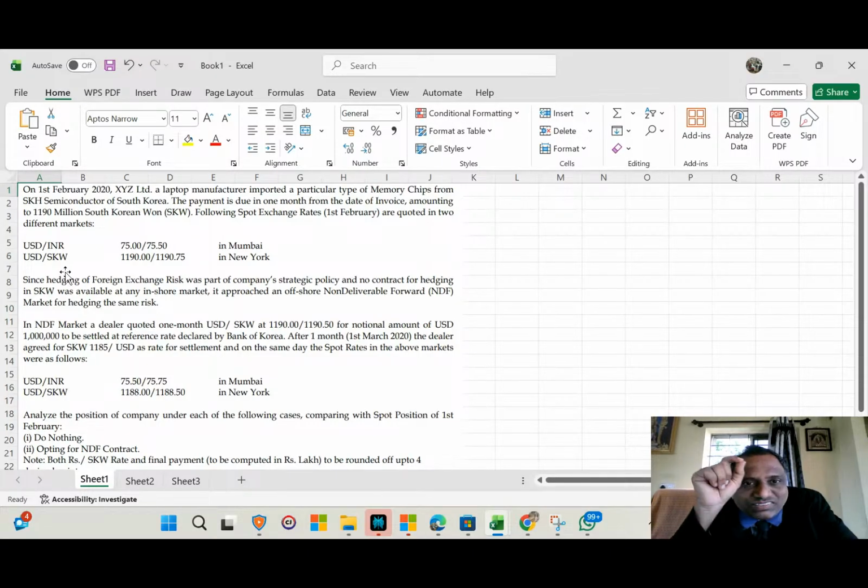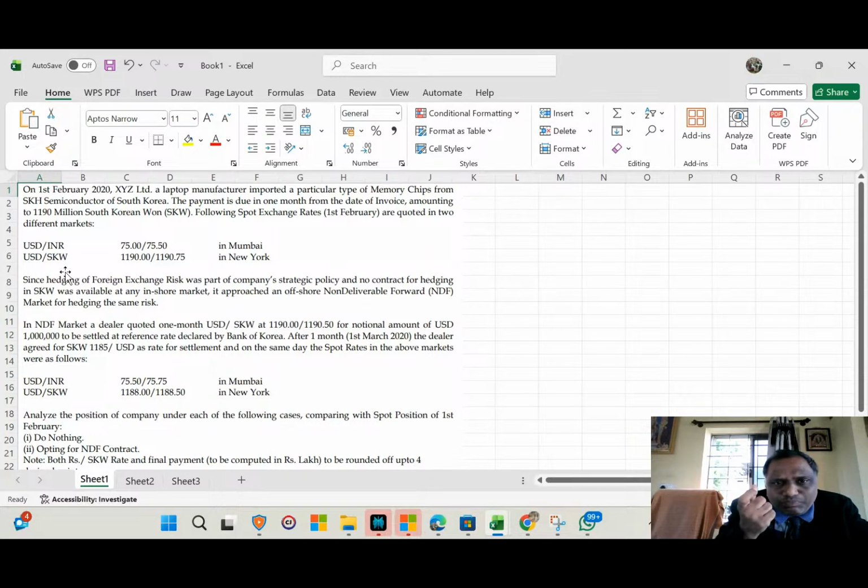For what purpose? I imported a laptop manufacturer's particular type of memory chip. When I imported my memory chips on 1st February 2020, I imported these many chips. For this, I have to pay.